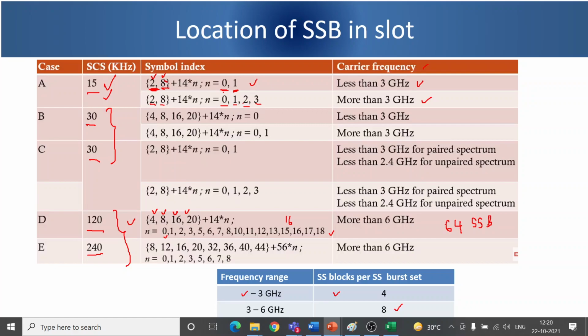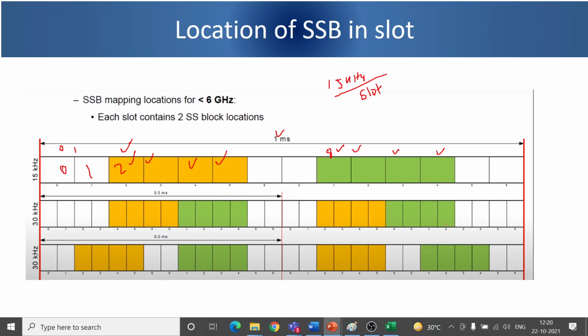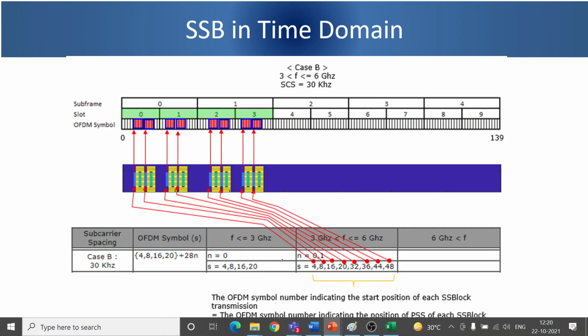Once they know the first symbol location in a subframe, they will be able to go to the particular symbol number where the SSB is present. This example I had shown first for 15 kilohertz. For 30 kilohertz, as I said, there will be 4 SS blocks, this, this, and so on. For all those configurations you can draw.